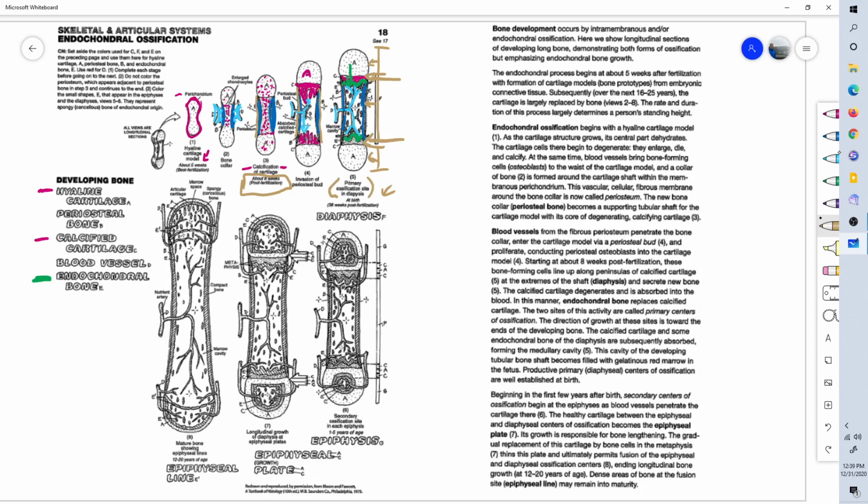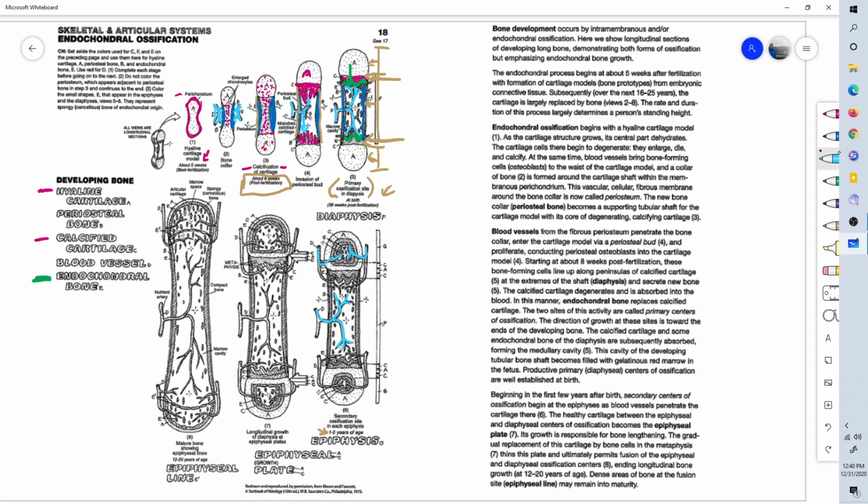Primary ossification. And what happens next after birth, between 1 to 5 years of age, is those blood vessels begin to not only infuse the primary centers, but they also now reach into what's called a secondary center of ossification in the epiphysis.